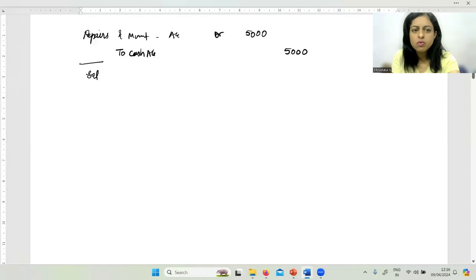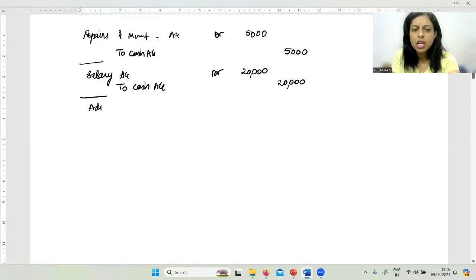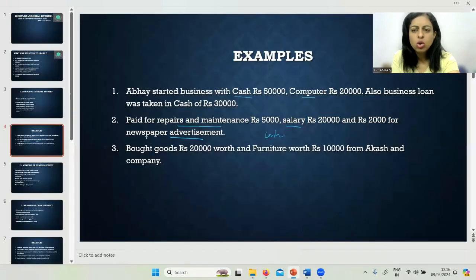So salary account debit, amount is 20,000 to cash account, because cash is going out of the business. Debit what comes in, credit what goes out. Cash is going out. So 20,000 is credit. Then third part of this transaction is 2,000 was paid for advertisement. Then I would write advertisement account debit, 2,000 to cash. This is how in normal circumstances your journal would look like.